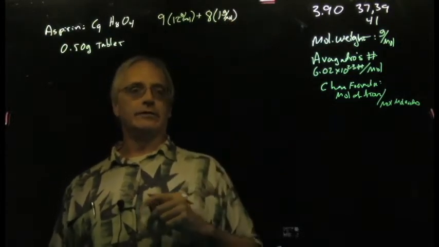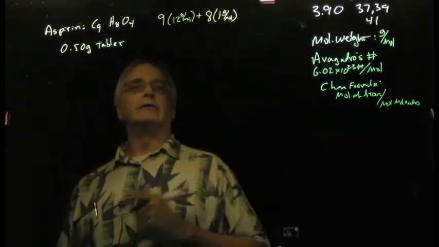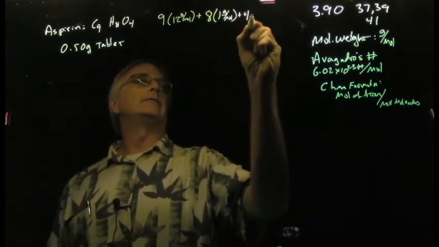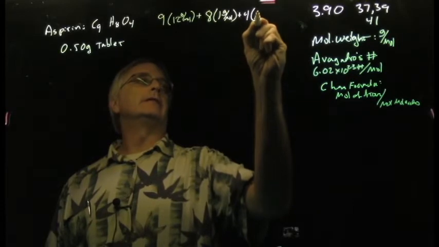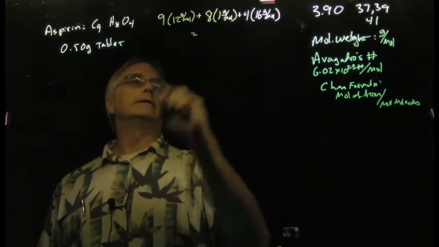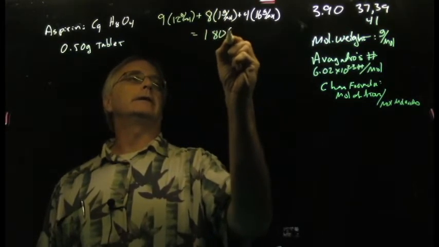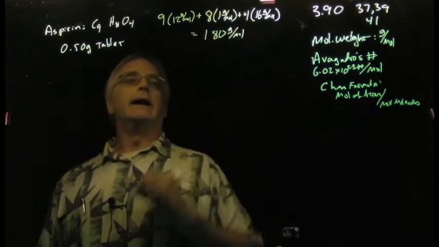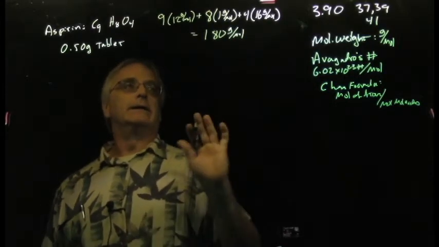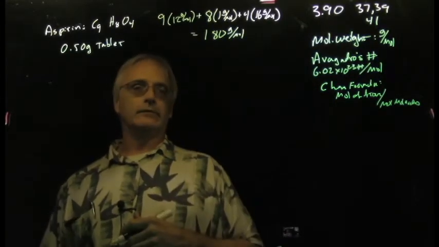And yes, I am using just the rounded off values for these things, which is perfectly sufficient for a problem like this. And we have 4 oxygens, and each of them weighs 16 grams per mole. If you punch all that out on your calculator, you should come out to 180 grams per mole. That is the molecular weight of aspirin, C9H8O4. And that's the key number that makes all the others work.